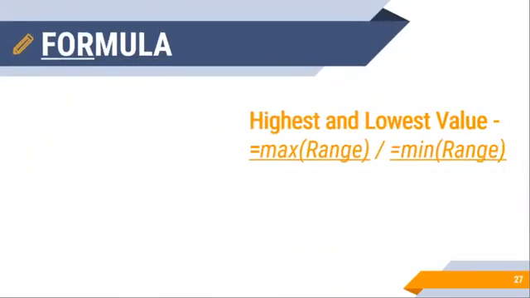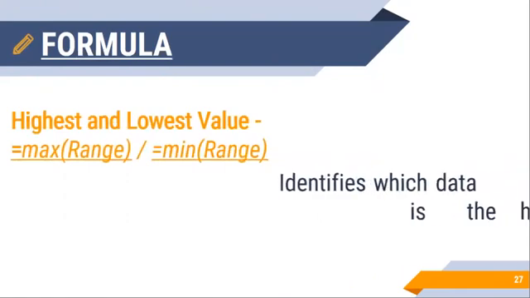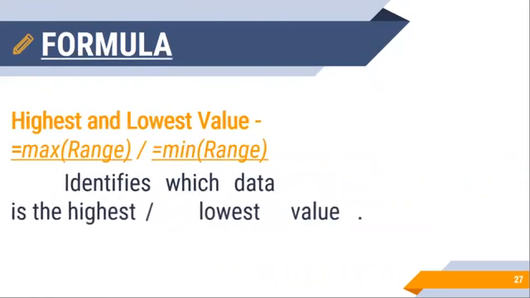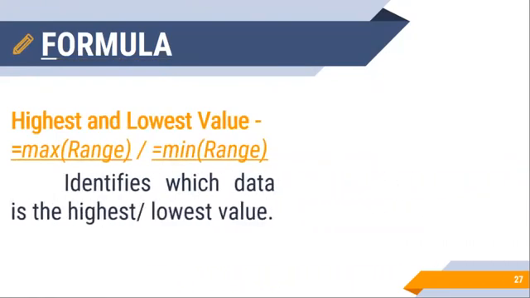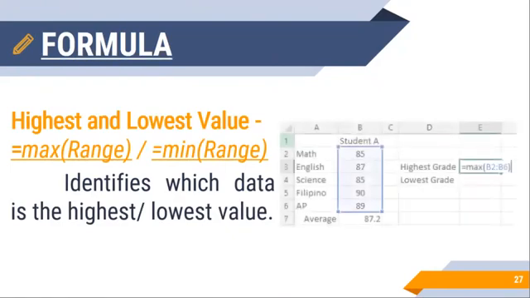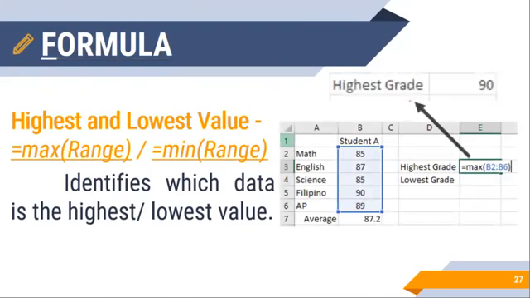Then we also have the highest and the lowest value, where we can identify which value is the highest and which is the lowest. For example, we want to see our highest grade in those 5 subjects.